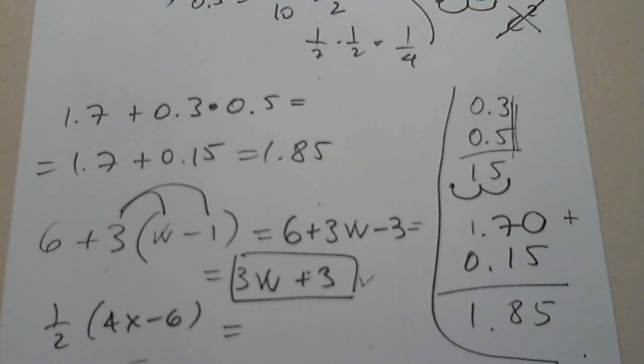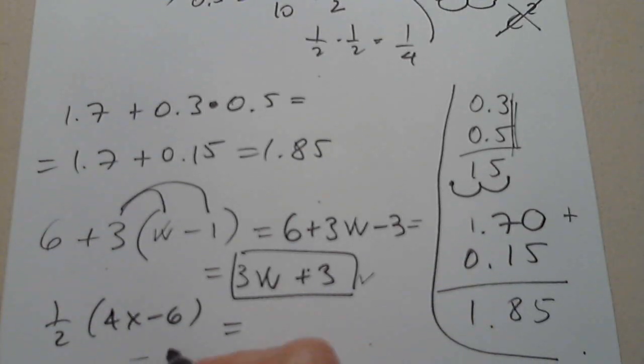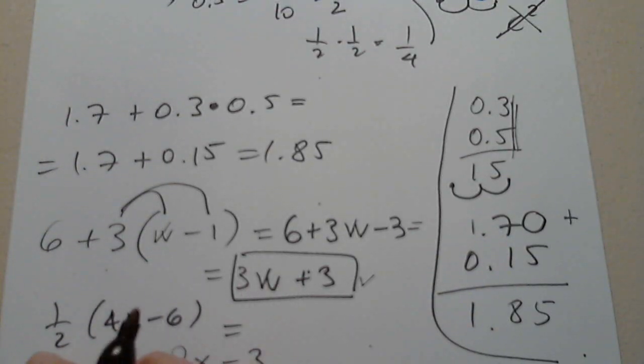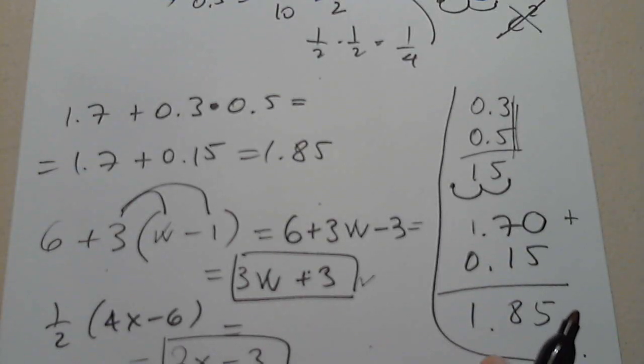Please. Is it 2x minus 3? It is 2x minus 3. 1/2 times 4 is 2. 1/2 times negative 6 is negative 3. And this is it. Good.